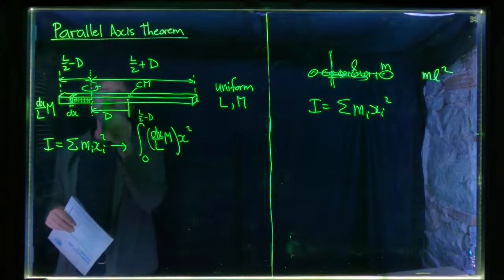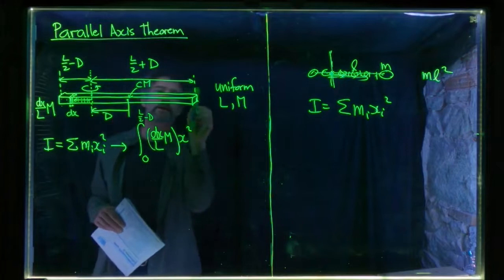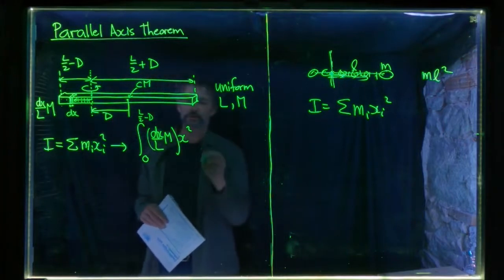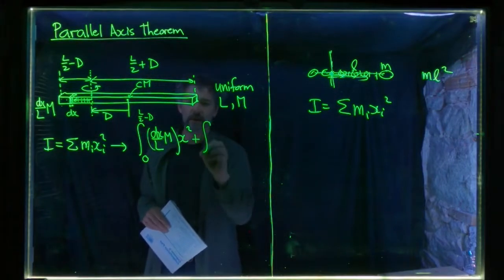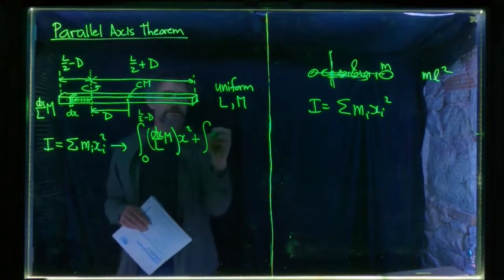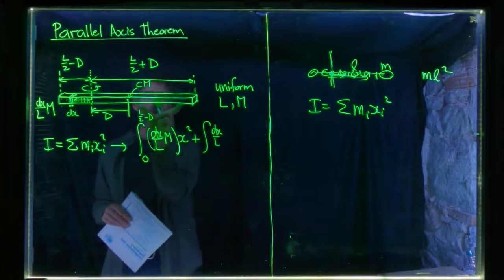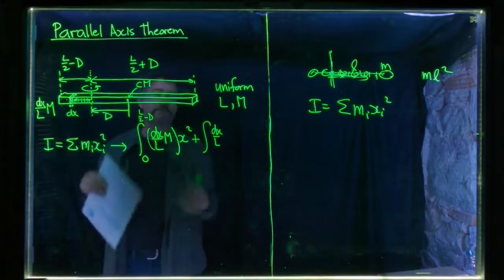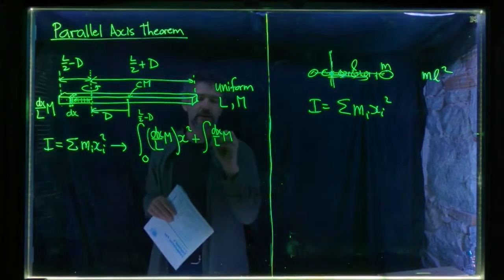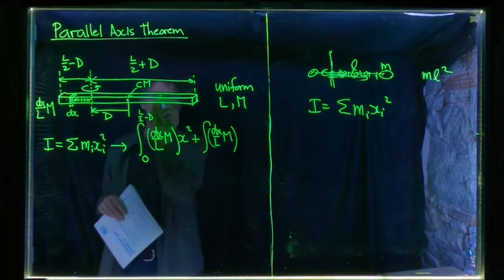Okay, so that takes care of the masses on the left-hand side of this axis of rotation. And then we just repeat the game for the masses on the right-hand side of the axis of rotation. So we add to that, breaking this piece up in the same way. We say dx divided by L is the width of that little section times the total mass. So that's the mass of that little chunk over here.